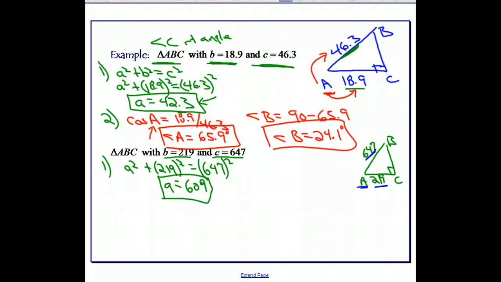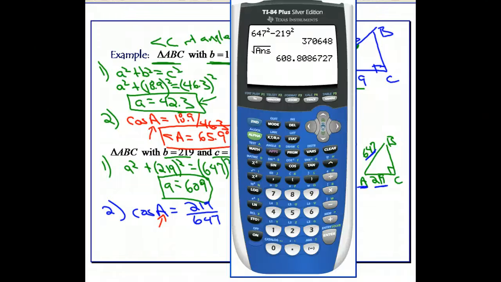So step 2 here, we're going to get the cosine of A is the adjacent side, 219, over the hypotenuse, 647. Guys, I'm looking for an angle. When you find yourself looking for an angle, that's when you use the inverse trig functions. So we're going to go cosine inverse again. So that's second cosine. I'll put the fraction right in there. It was 219 divided by 647.